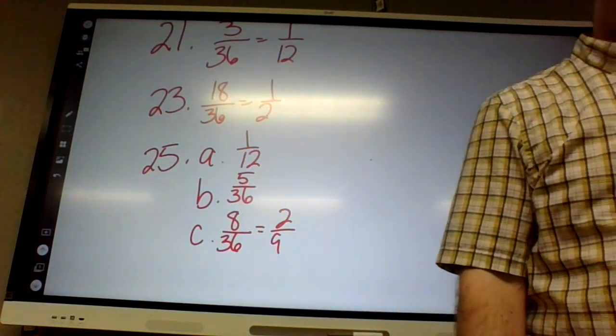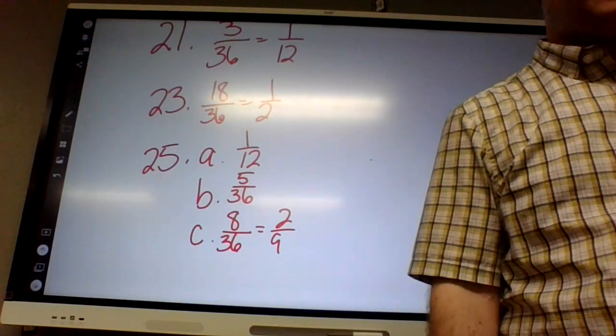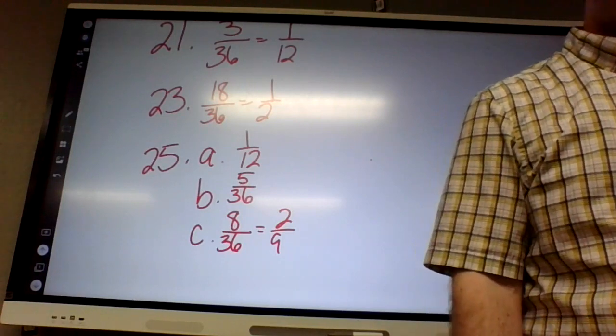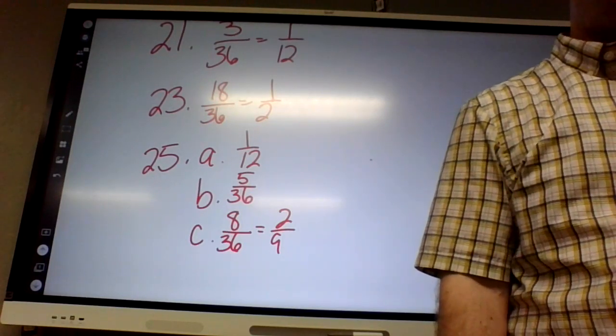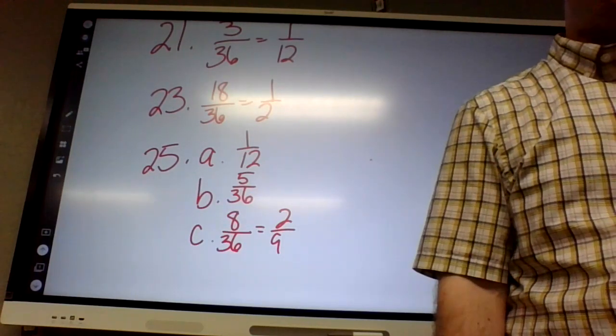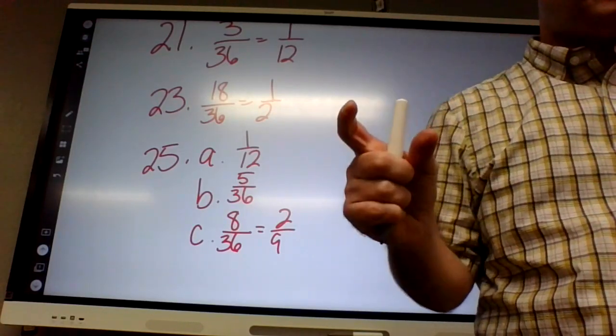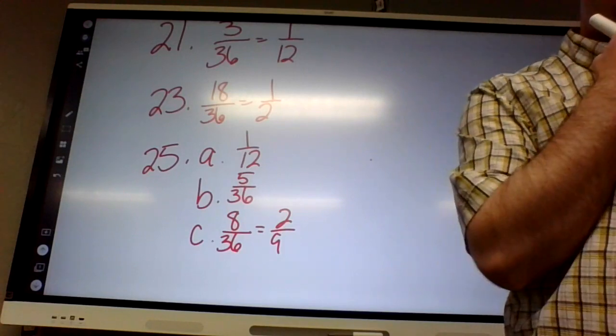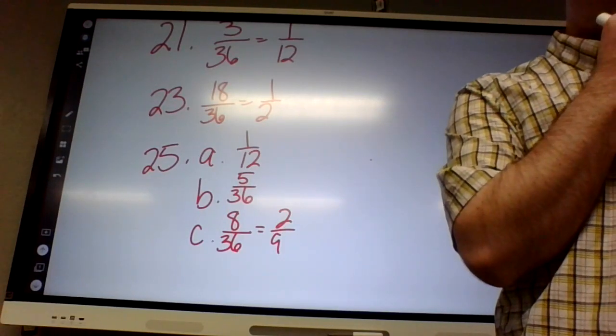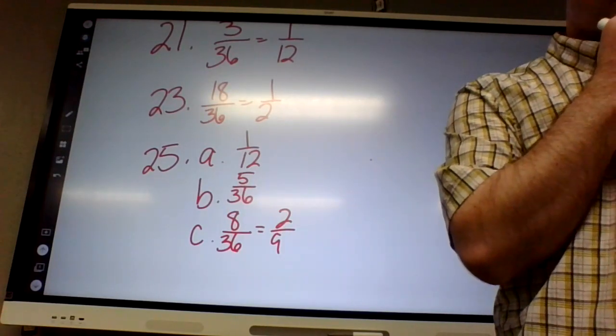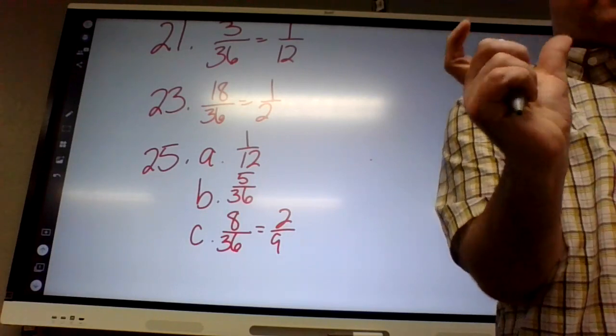Okay, 27. Find the probability to the nearest percent. So we're back to percents again. The engineering club will randomly select 2 representatives from 5 sophomore boys, 1 junior boy, and 2 junior girls. What's the probability that both will be girls? So we need target group over total group.